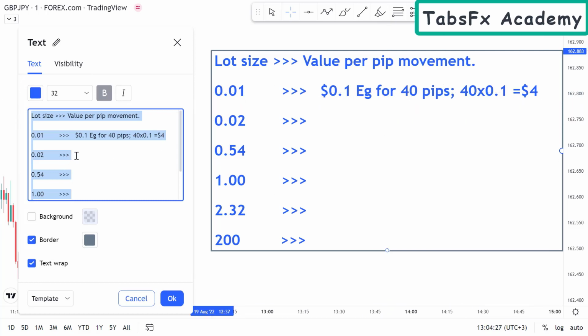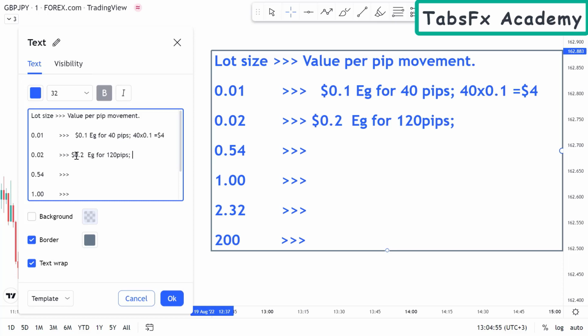If you choose 0.02, then we multiply that by the pip value per lot for standard accounts. That will be 0.02 times 10, and you'll get 0.2. Again, if the price has moved through maybe 120 pips, what is this equal to?